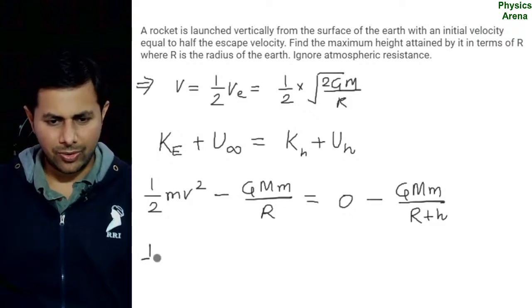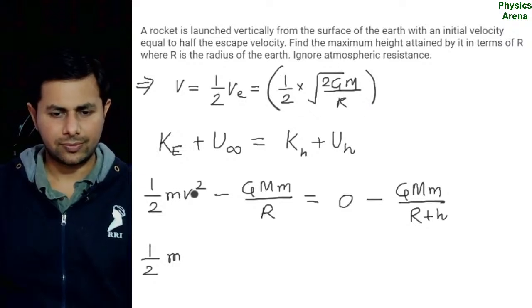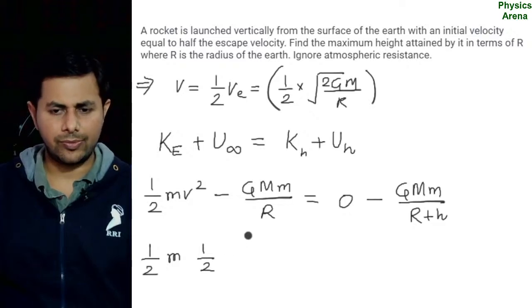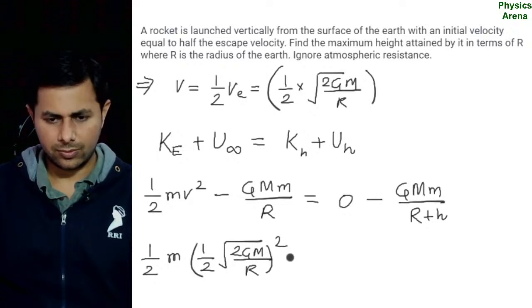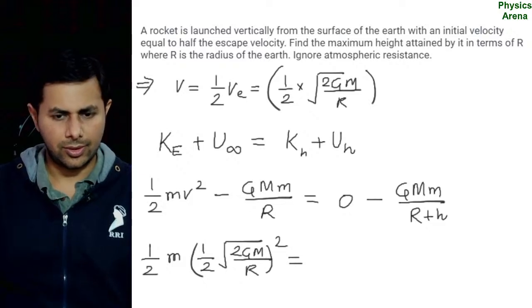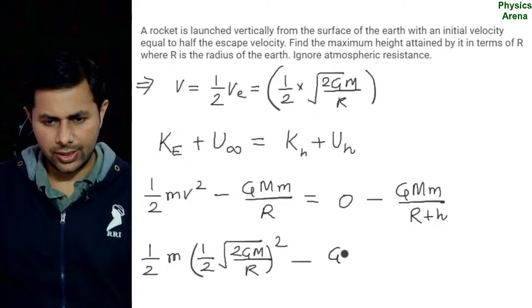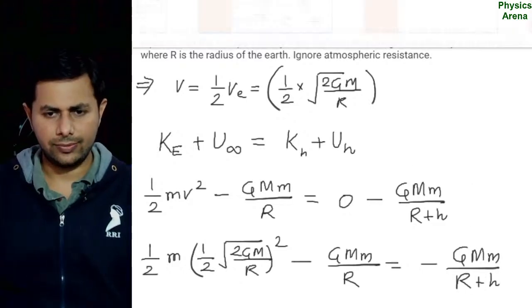So it is half of m times v squared, which is the square of this thing, half of m times 2GM over r, minus GMm over r, equal to minus GMm over r plus h.